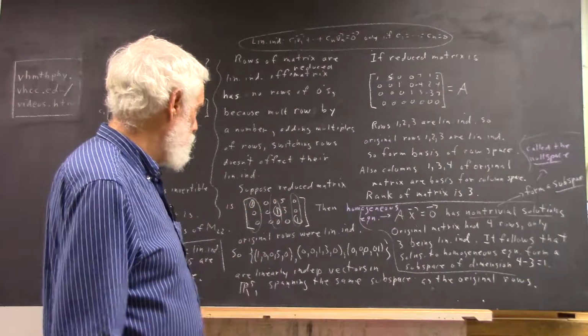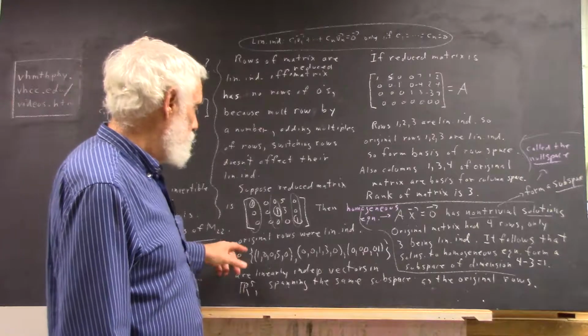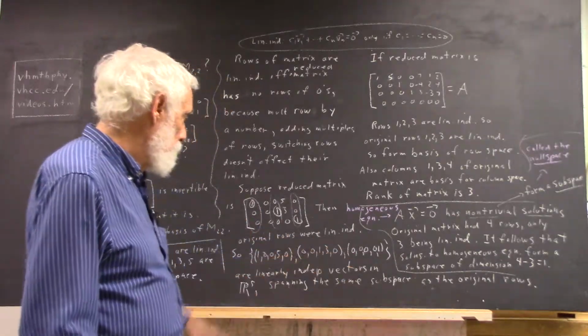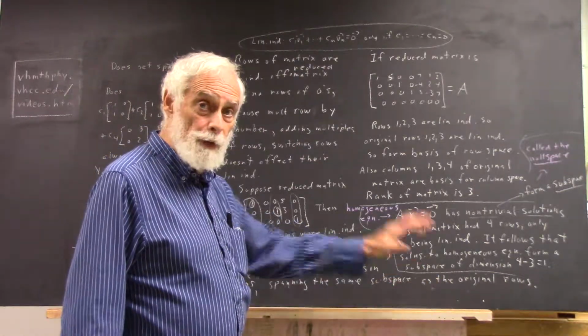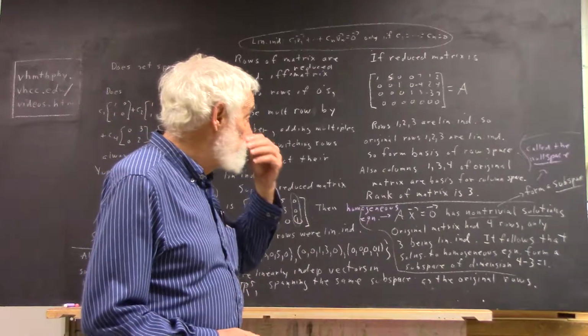And we've gone on and talked about what a lot of that means. So we've written down these vectors, these rows are linearly independent vectors in R5, and they span the same subspace as the original rows of the matrix, and that's what we call the row space.